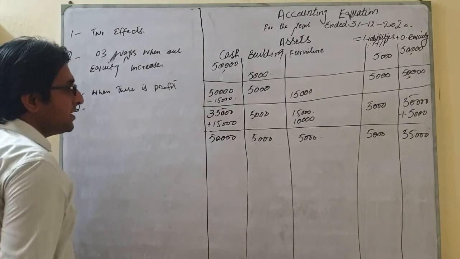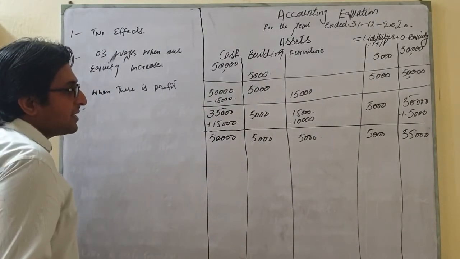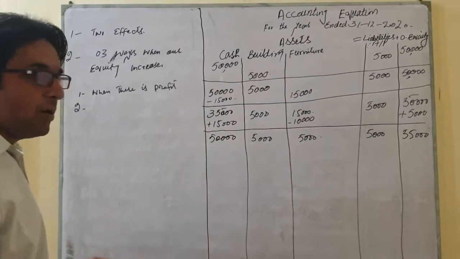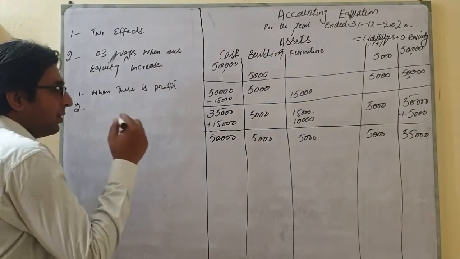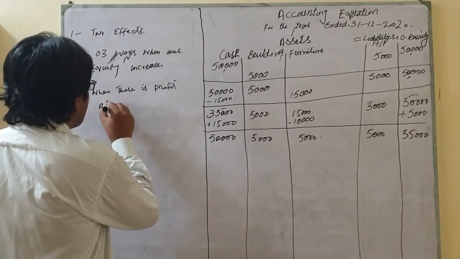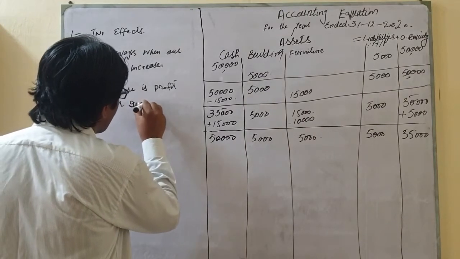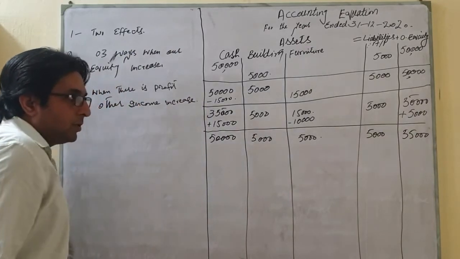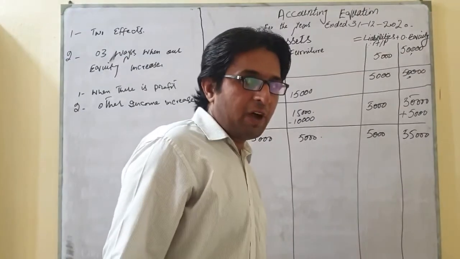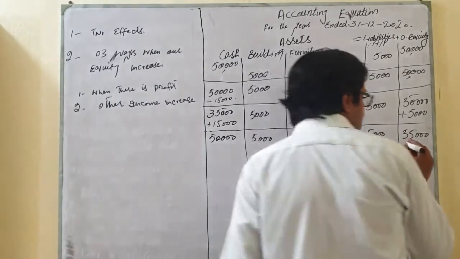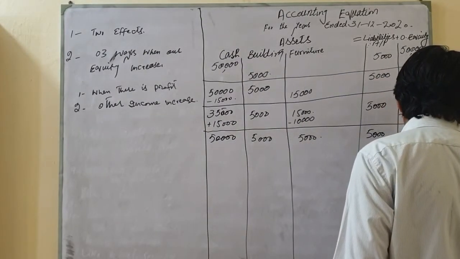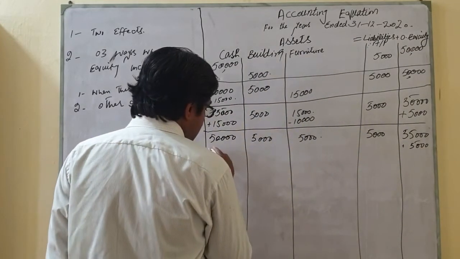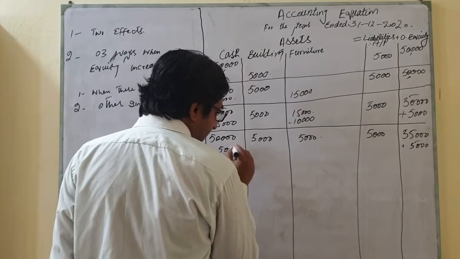The second situation is our equity increases when there is other income in the business. Other income means we have received commission, we have received 5,000 commission. So our equity will increase 5,000. And we have received the amount of commission in cash, so our cash will also increase.